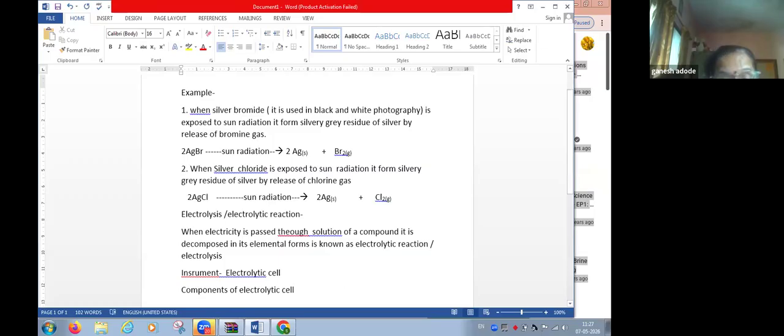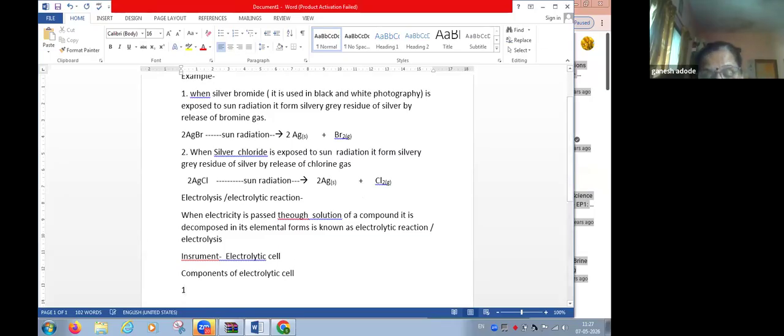Now see, I am going to give you the components. The first component is a DC source battery.